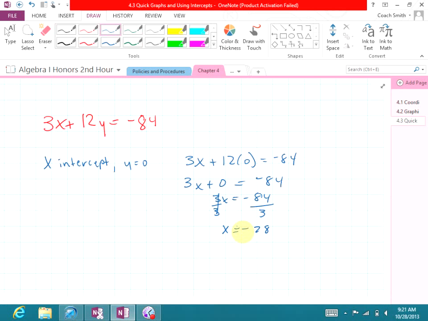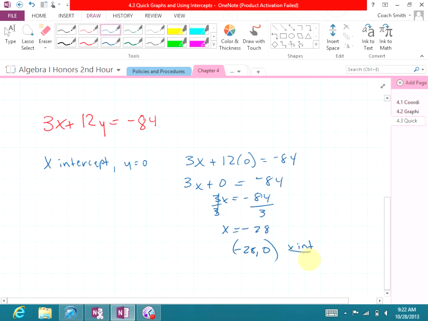So the coordinate then is negative 28 and 0. That's the answer to the first part. So, this is the x-intercept.